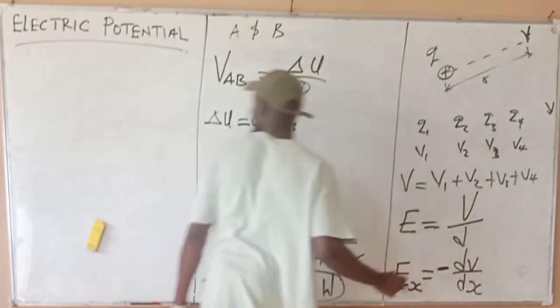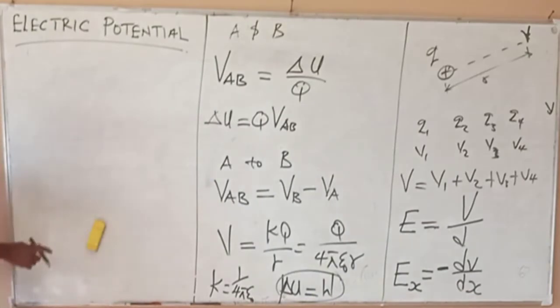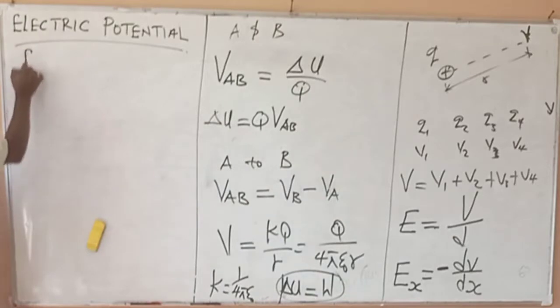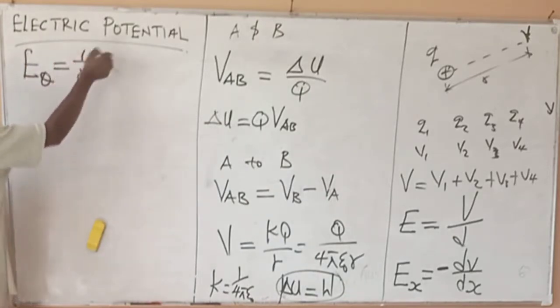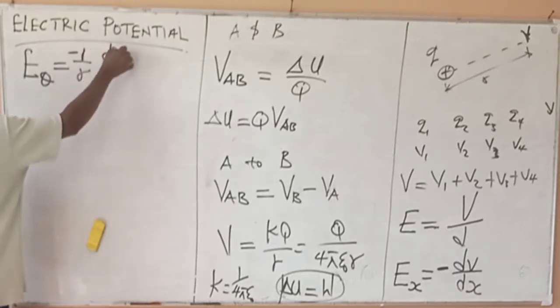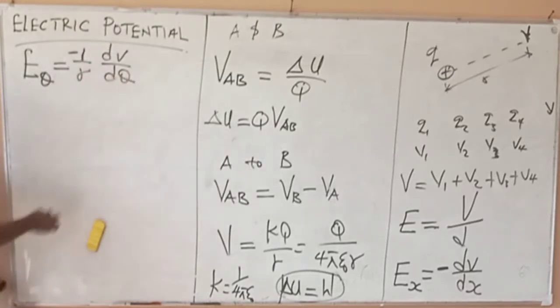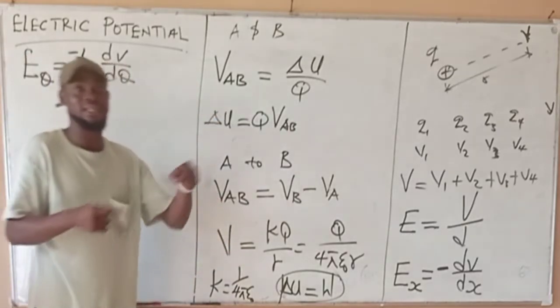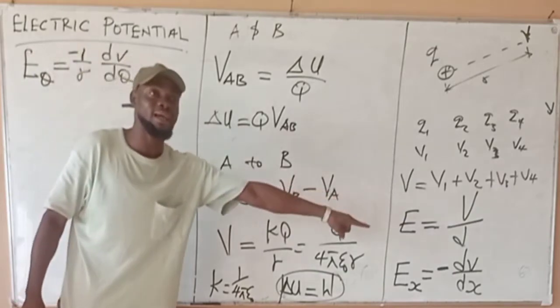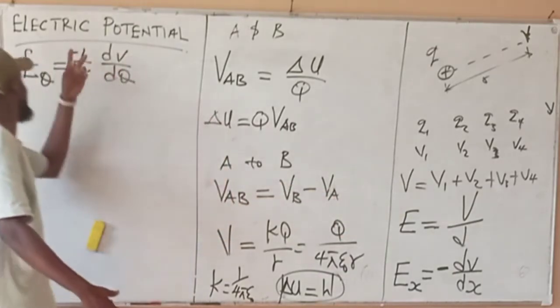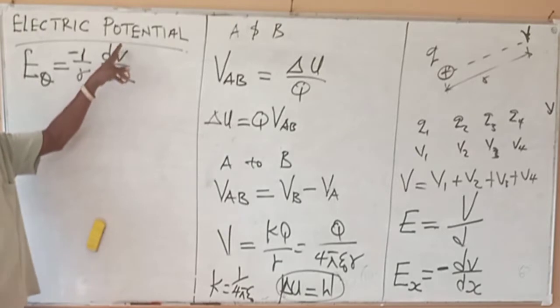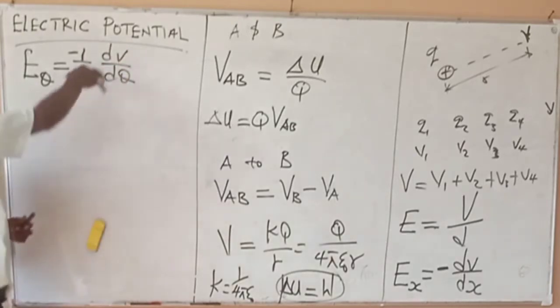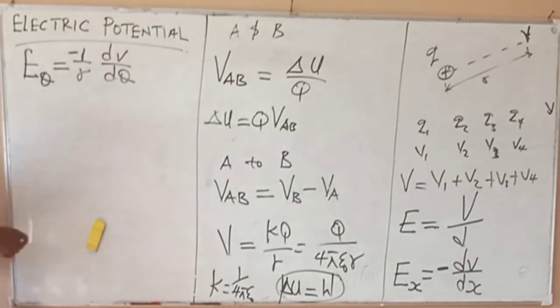This negative sign comes from the derivative. While E at any angle theta is minus 1 over r times dV over d theta. For example, if I say the electric potential is equal to sin theta, what is the electric field at theta equal to so and so? Take 1 over r, which is the distance, then dV over d theta. Just differentiate dV over d theta, straightforward.